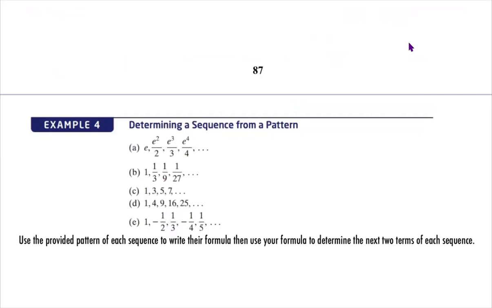In this one, they want us to use the pattern to find a few more terms. It says use the provided pattern of each sequence to write its formula, then use your formula to determine the next two terms of each sequence.